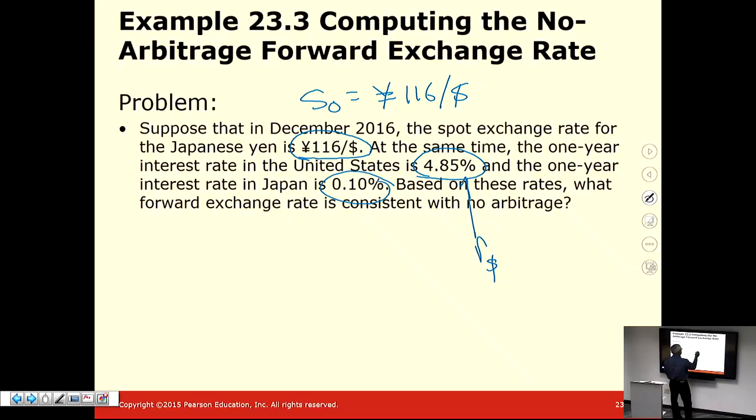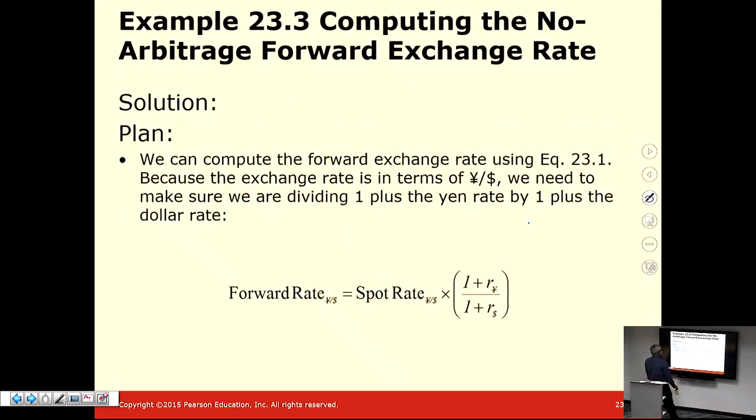This is the interest rate in Japan, the interest rate in yen. So based on this, what is the forward exchange rate that would have no arbitrage? And so the forward rate in yen per dollar is the spot rate in yen per dollar. So since this is yen over dollar, the interest rates are yen over dollar.